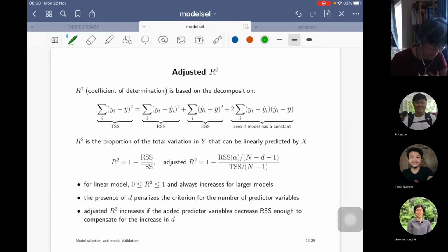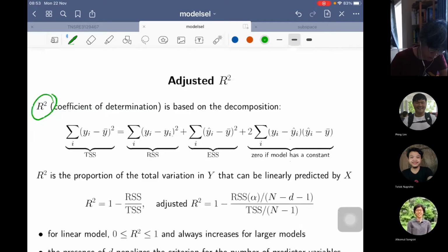The last one, adjusted R square, has been used in the linear regression context. R square is derived under a certain decomposition.